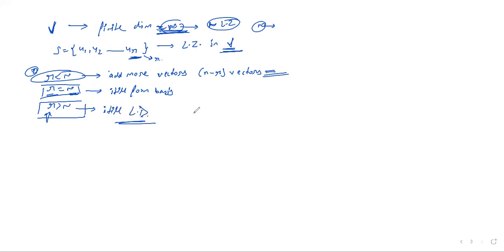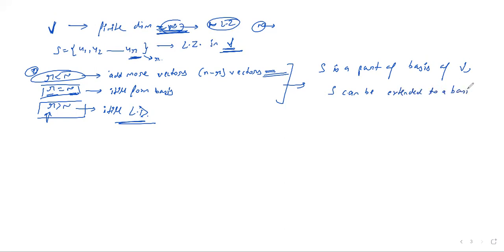So from this we got that this set of vectors S is a part of a basis of the vector space V. That is, S can be extended to a basis of V. This is the extension theorem.